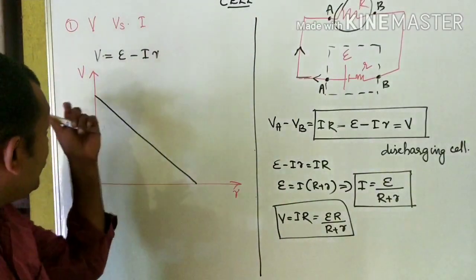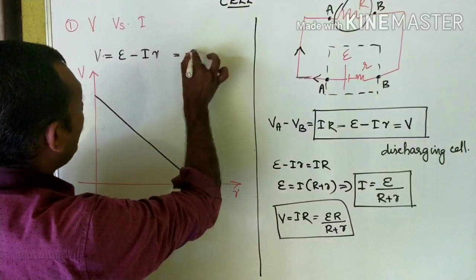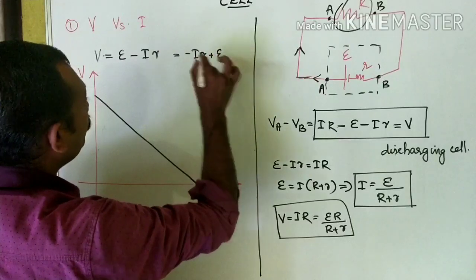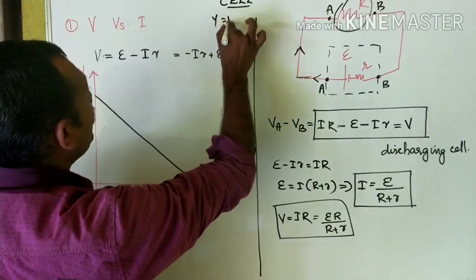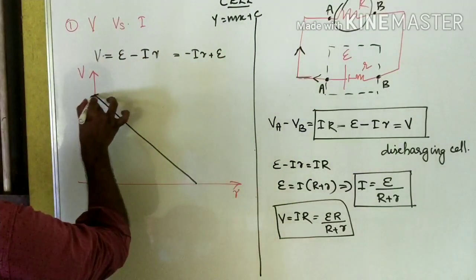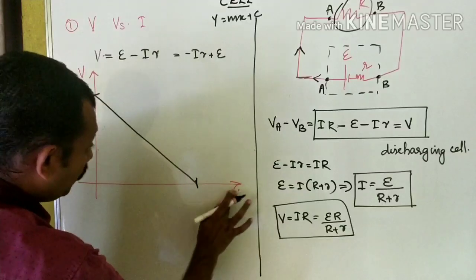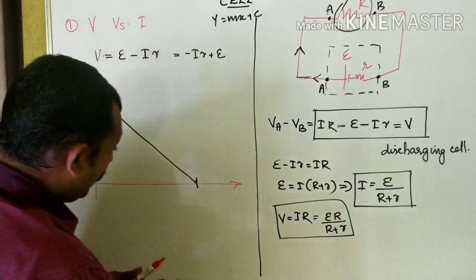The shape of the graph will be a straight line, because this equation is of the form minus Ir plus epsilon, which is y equals mx plus c. Now the potential of this point will be epsilon. Sorry, this is not R, this is I, my mistake.